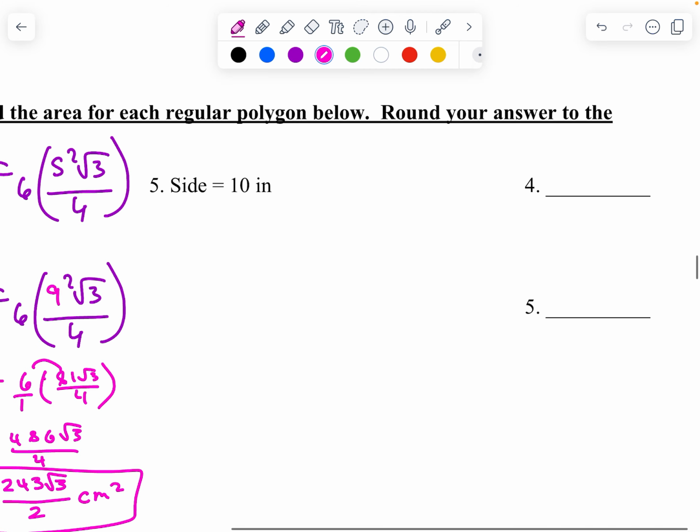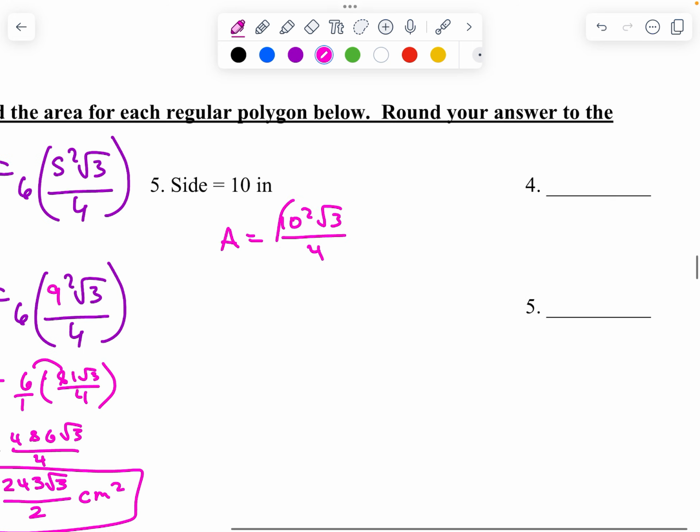Okay, so for the side length here, I'm just going to set it up, and let's do it together. So area of a hexagon is equal to side length squared, so 10 squared root 3 over 4. But remember, a hexagon has 6 of these, so we do have to multiply it by 6.